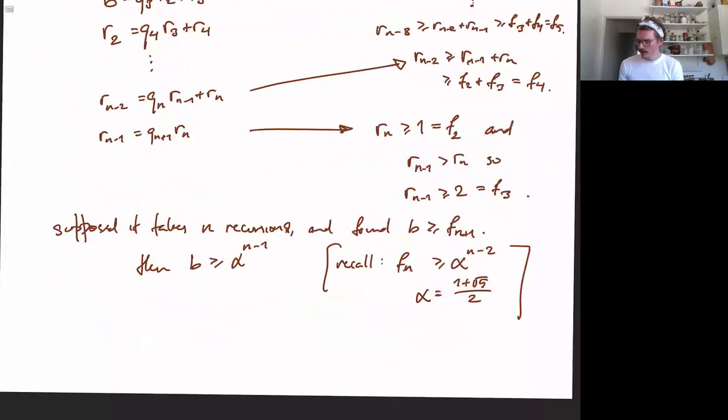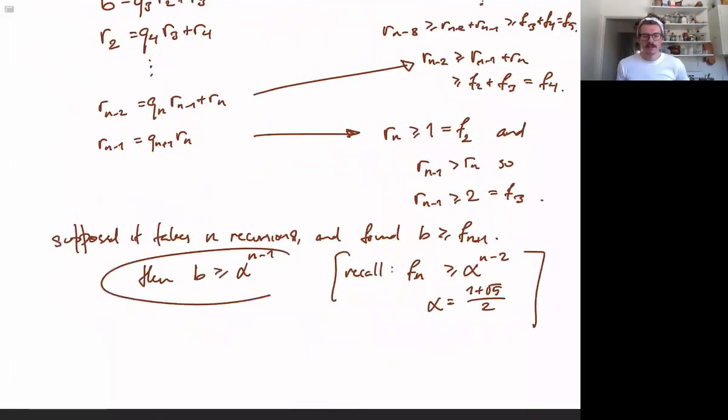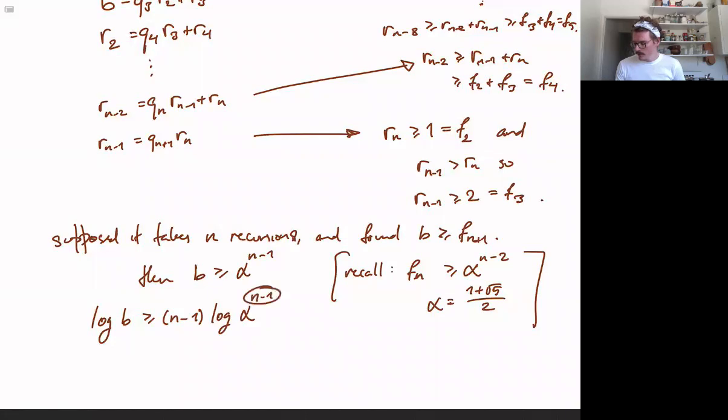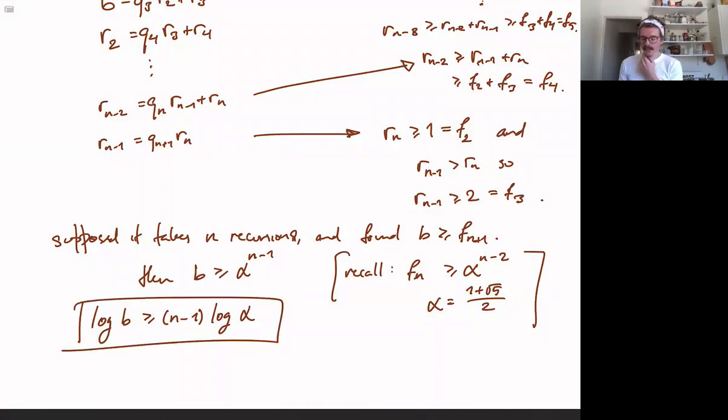And what do we conclude from this relation? Well, we can take the log of both sides and get log B is greater than or equal to n minus 1 times log alpha. If you remember your logarithm rules, if you have an exponent in your logarithm, you can take it and put it as a constant in front. What is this essentially telling us?